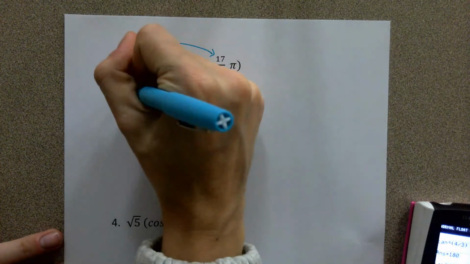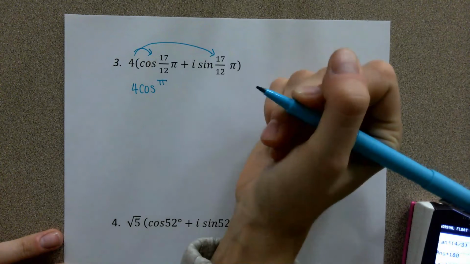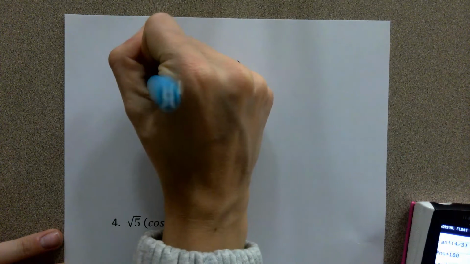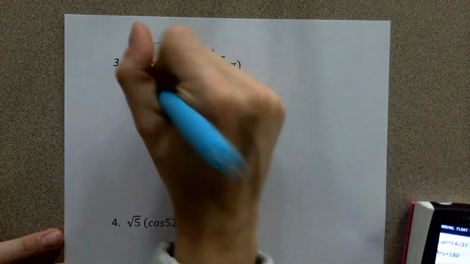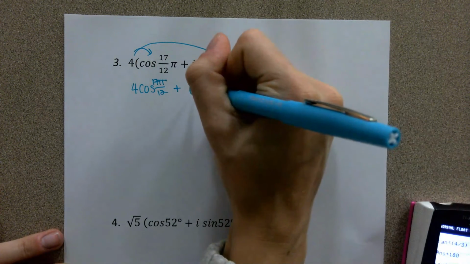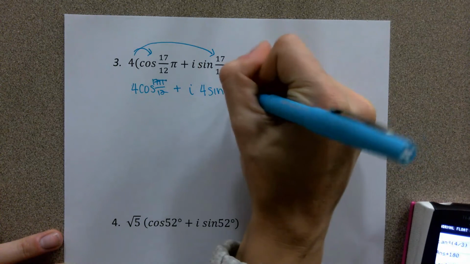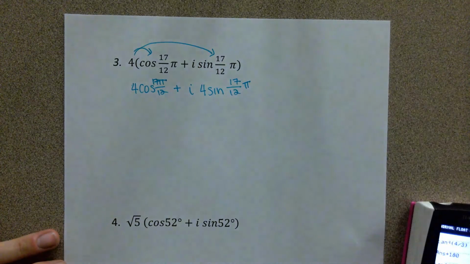So we can rewrite it as 4 cosine of 17 pi over 12 plus i 4 sine of 17 over 12 pi.